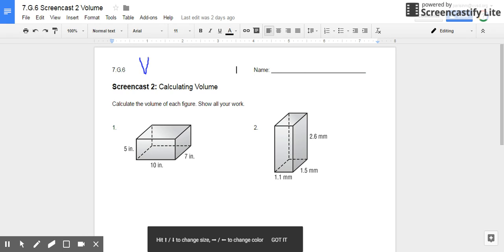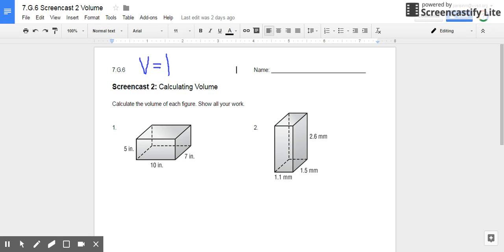So in order to find volume, it is going to equal the area of the base of your figure times the height of your prism.